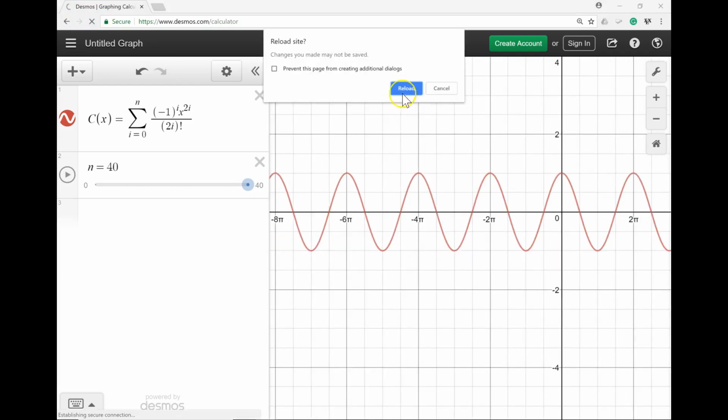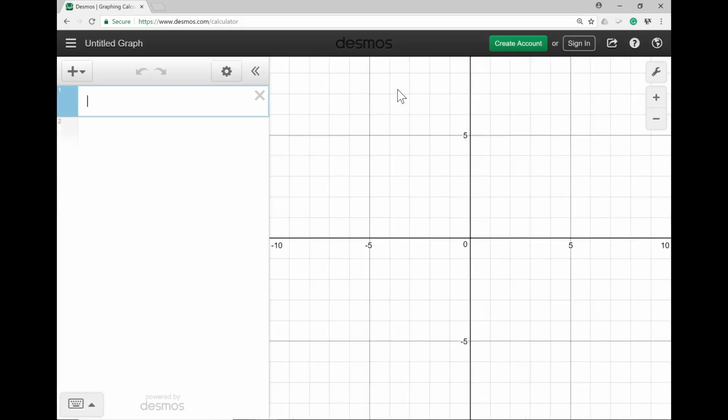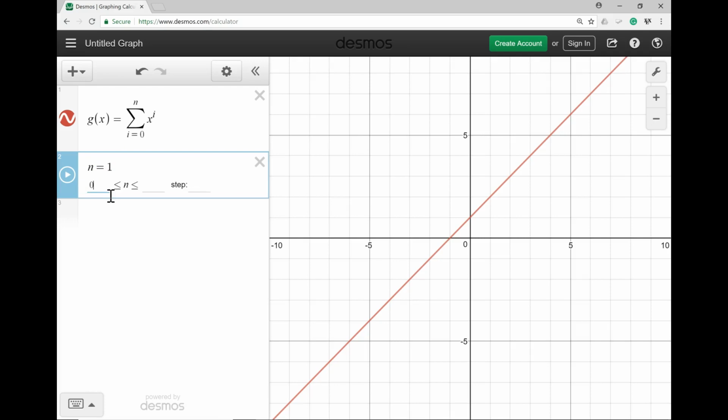Let's go ahead and just reload this. Now the first example we were looking at, we call it g of x. That was equal to a sum. And again, we want to change this to an i going from 0 to n of x to the power of i. Want to again make a slider, going from 0, let's say, to 40 again.